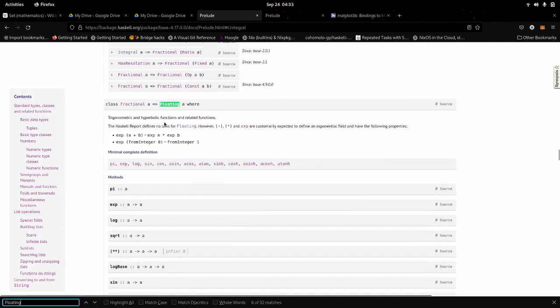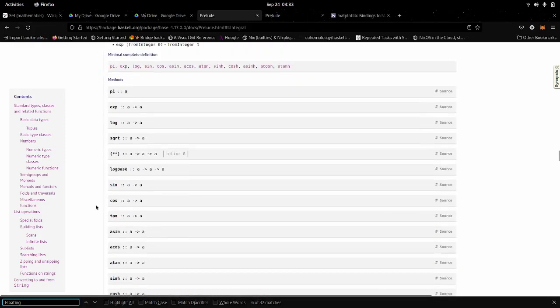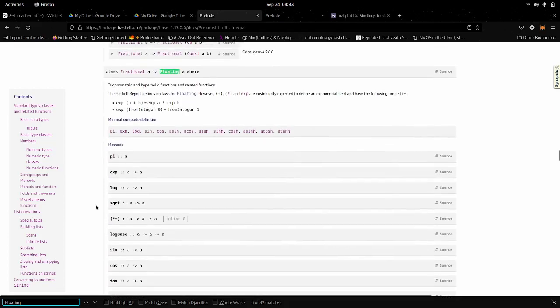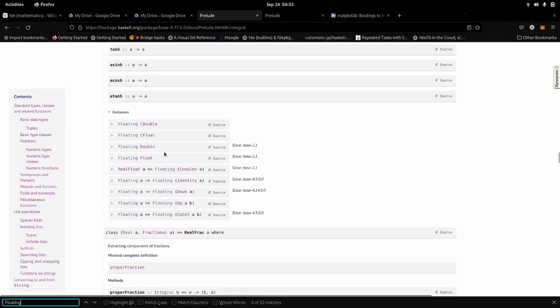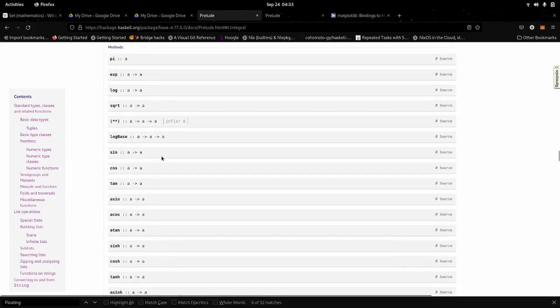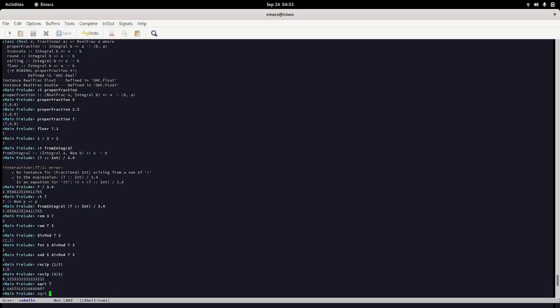So this is a superclass of Fractional, and this is more of your scientific functions that you see on a scientific calculator. Although this is saying that it has to be for a Double or a Float, I bet I could even do this with, let's say, the square root of 7, which you might think of as being an Int, but that's only if I tell it that it is an Int.